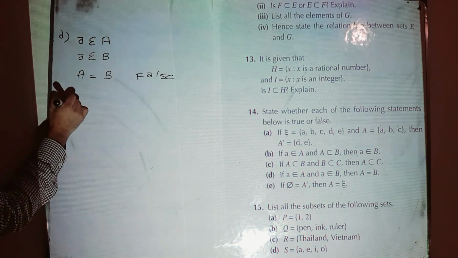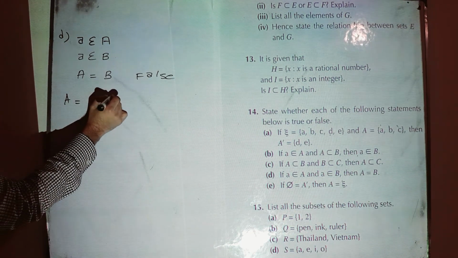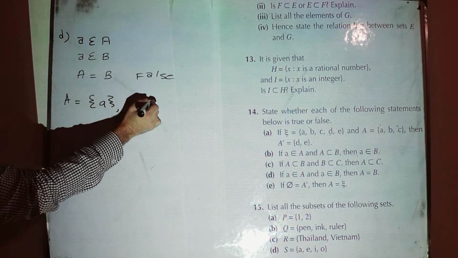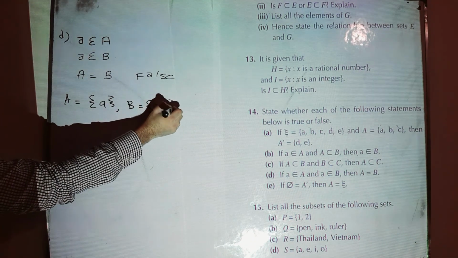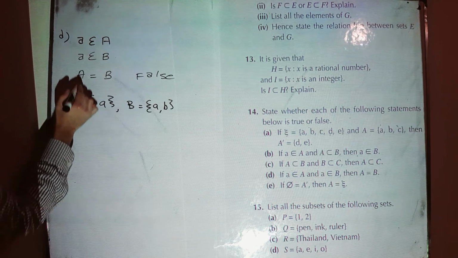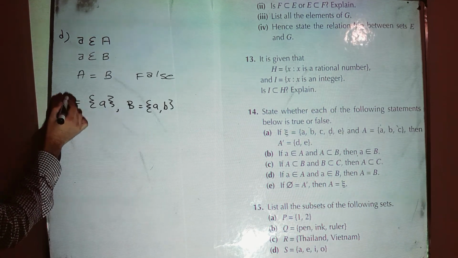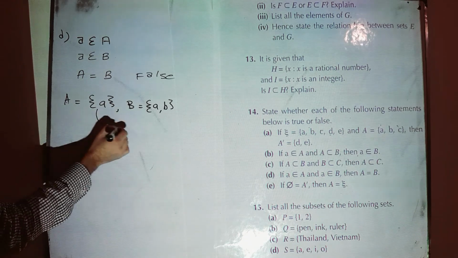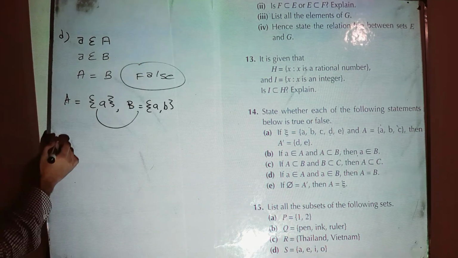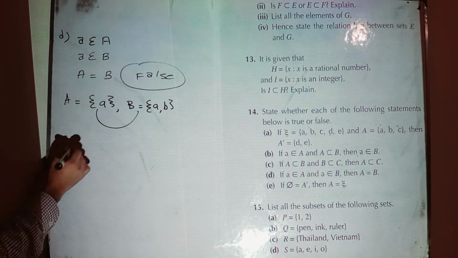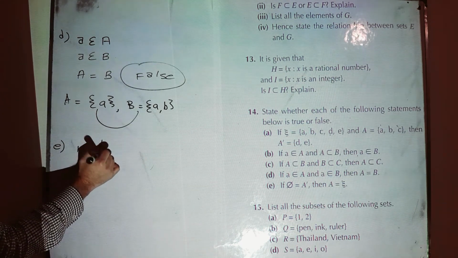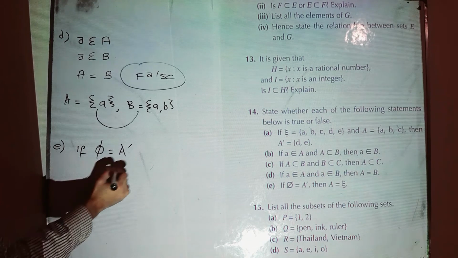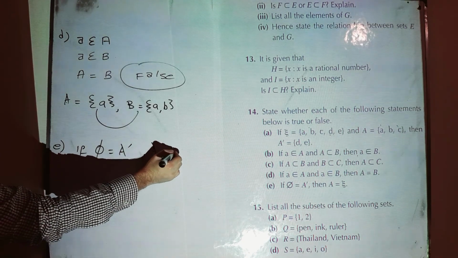Well, that is not necessary because if A is like this and B is like this, now this alphabet is an element of A, this alphabet is an element of B, but in this case A is not equal to B. This one is false.